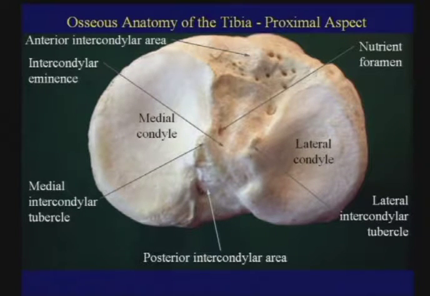The femoral condyles articulate on tibial condyles, medial and lateral, as shown here. Between the two is an elevated area that I'll talk more about tomorrow. This is the intercondylar eminence of the tibia, and that intercondylar eminence has two tubercles, a medial intercondylar tubercle and a lateral intercondylar tubercle.